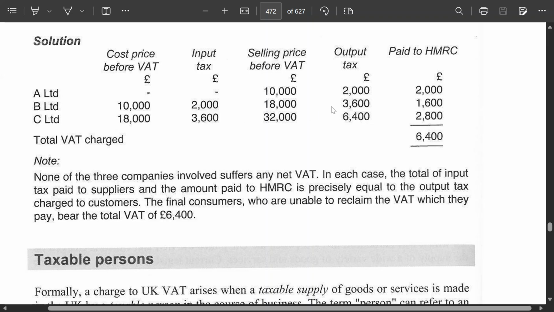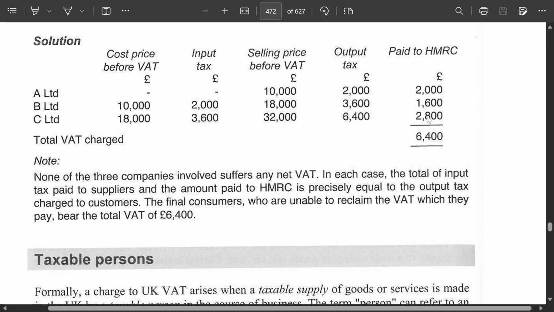He had to initially pay 3.6 out of his own pocket. But when he got the 6.4 from the consumer, he didn't give the whole amount to the government. He said, first let me recover what I had to pay out of my own pocket, which is 3.6. So from the 6.4, I will recover this and I'll pay only the balance to the government.